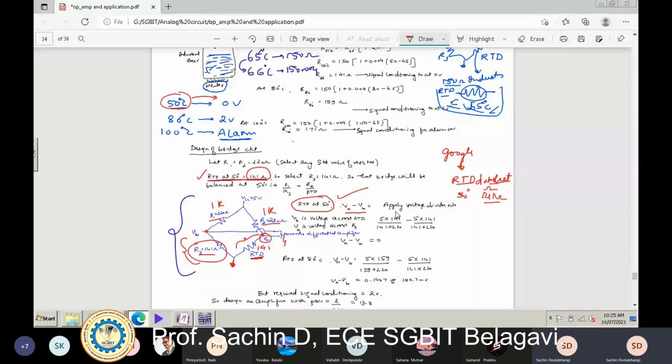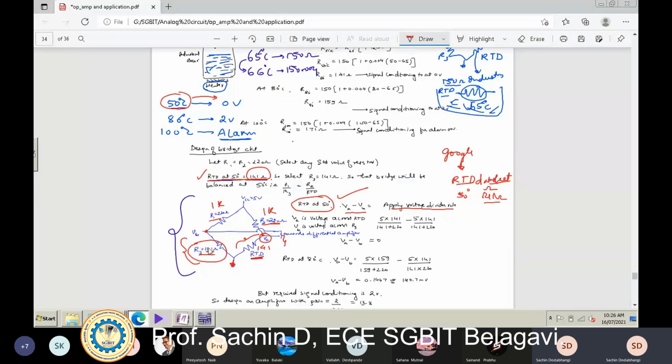VA means voltage across RTD. So the voltage across RTD is the supply voltage 5 into resistance 141 ohm divided by 141 plus R2, R2 is 220, minus VB. VB is the voltage across R3, and R3 is 141 ohm. So again 5 into 141 divided by the total resistance 141 plus 220.